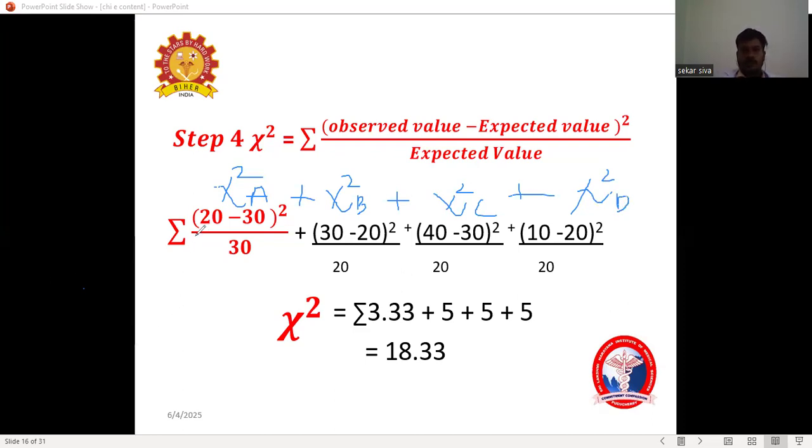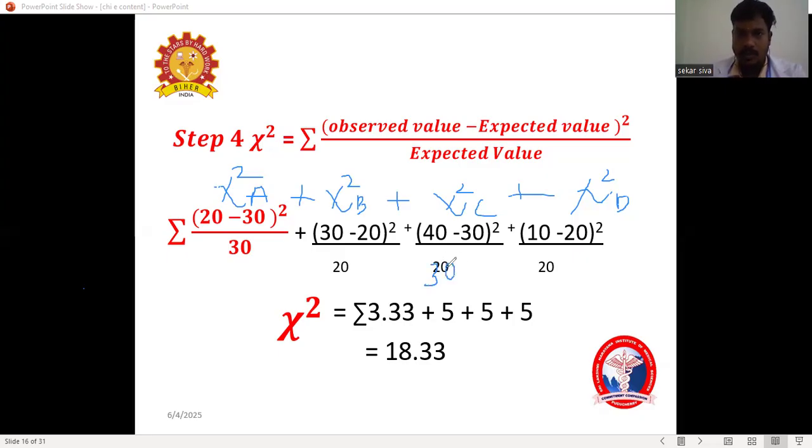Okay. The observed value for the cell is 20, residing in urban, which is anemic. 20 minus 30, the whole square divided by expected value for the A cell, plus the B cell, the observed value is 30 minus 20 the whole square by 20, plus 40 minus 30 the whole square by 20, and then here it is 30, not 20.